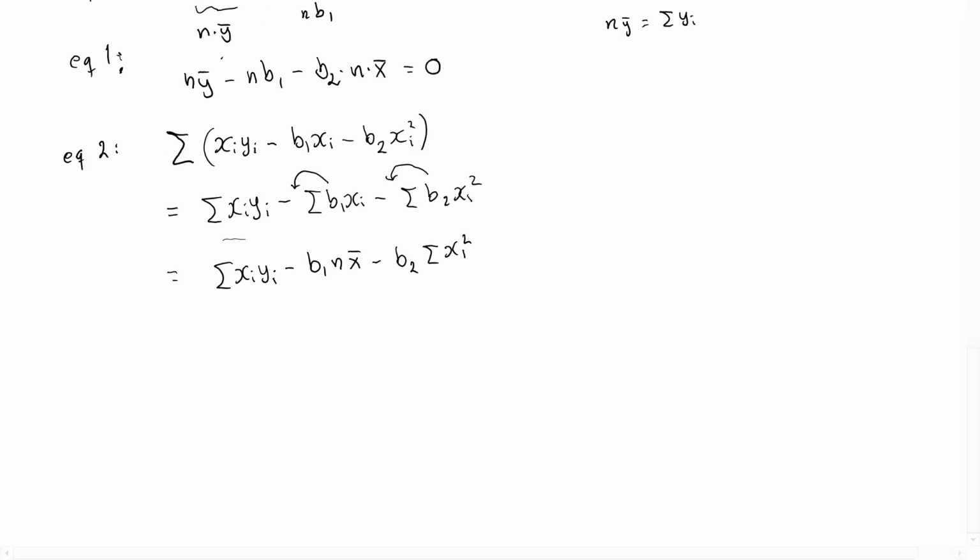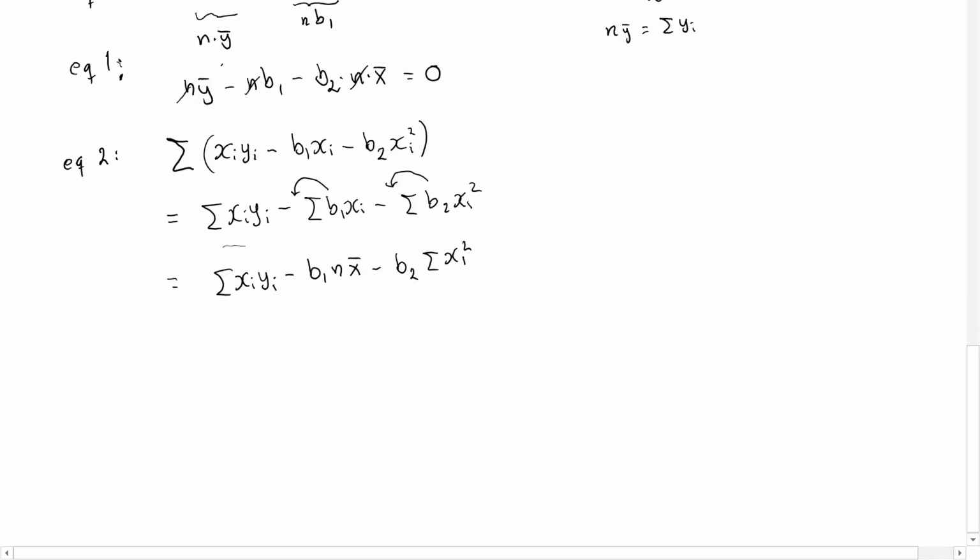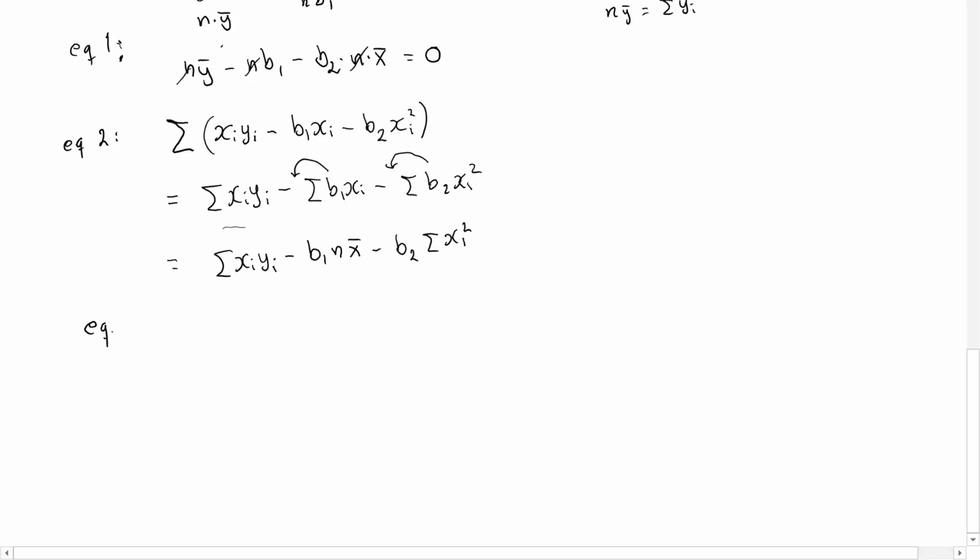So let's just put these two equations together. My system of equations now looks as follows. Well, first, in equation 1, we see that we can cancel the n here. We can divide both sides by n. So equation 1 looks like this: y bar minus b1 minus b2 x bar equal to 0.